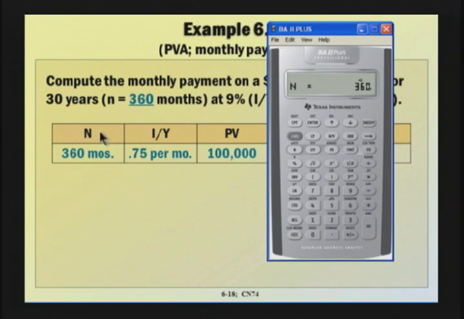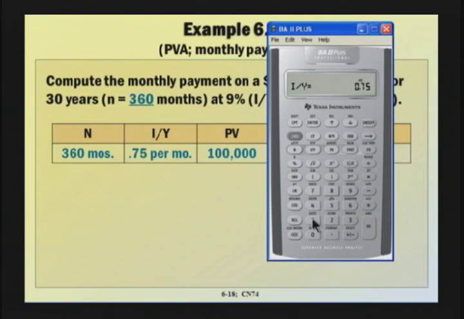I know they are monthly payments, because I know I'm working in months, so I need to write down months, so I'll remember that. Recall the IY. The calculator understands it's 3/4% per month of interest that's going to be charged on this loan. I know it's a monthly rate, so I make a note that it's 0.75% per month.